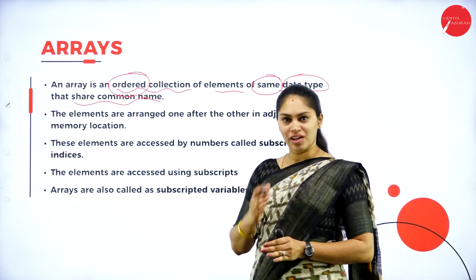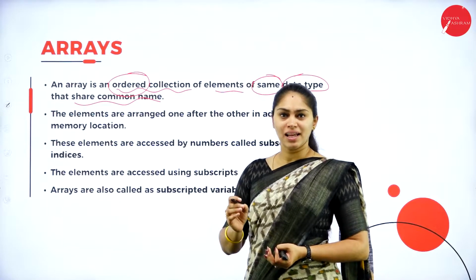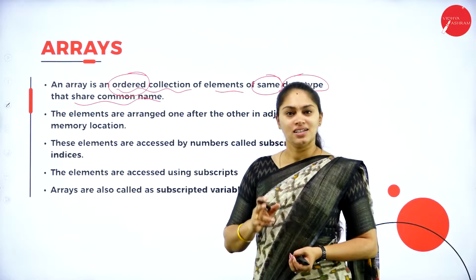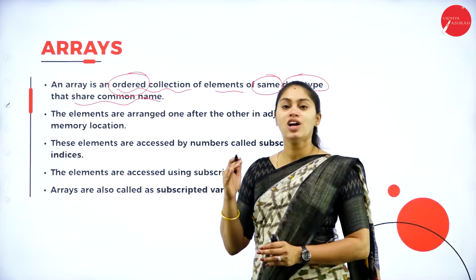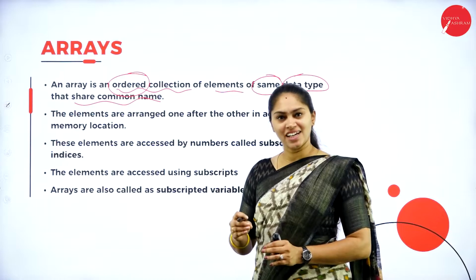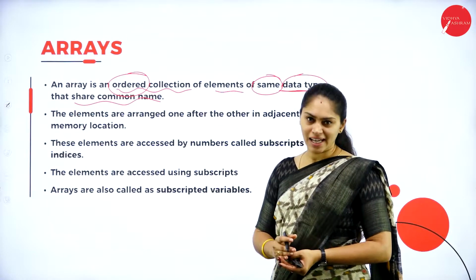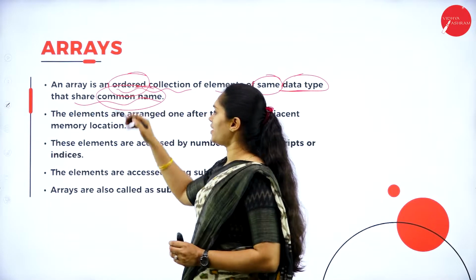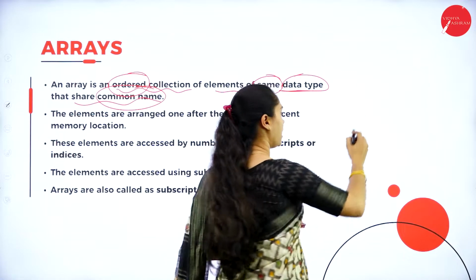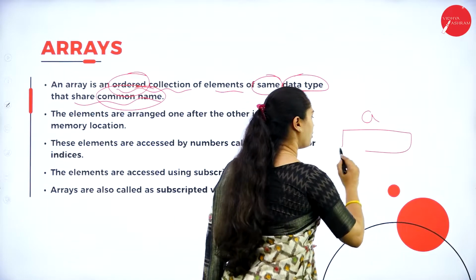So when we are calling this an array, it will be an ordered collection of elements of the same data type. For example, 10, 20, 30, 40. All those are whole numbers that come under the integer data type. So we can say it is an ordered collection of elements of the same data type that share a common name. For example, if I call A the name of an array, under that I will be storing some collection of elements.